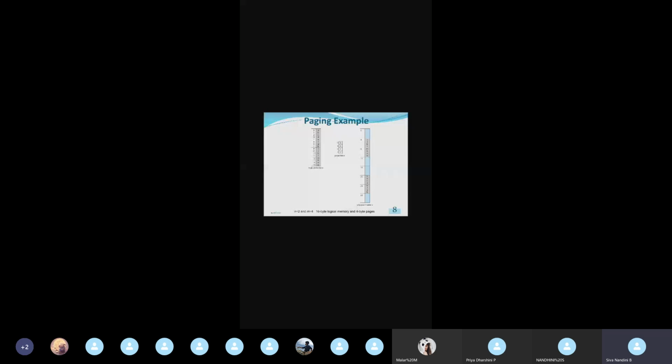The third page is 8 to 11. Likewise, we have a 4 byte page size. The page size is 4. Okay. So this is how we represent this n and m in the calculation of logical memory as well as page size. Okay.